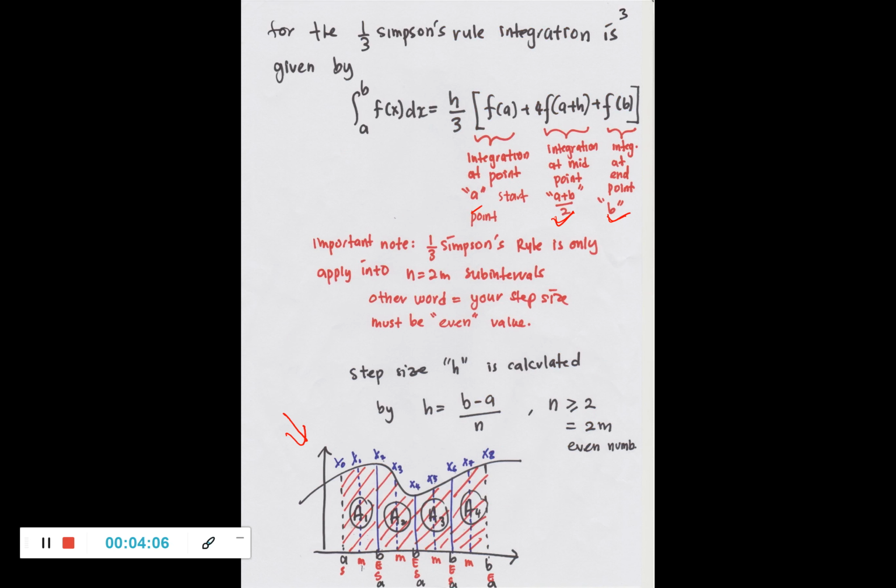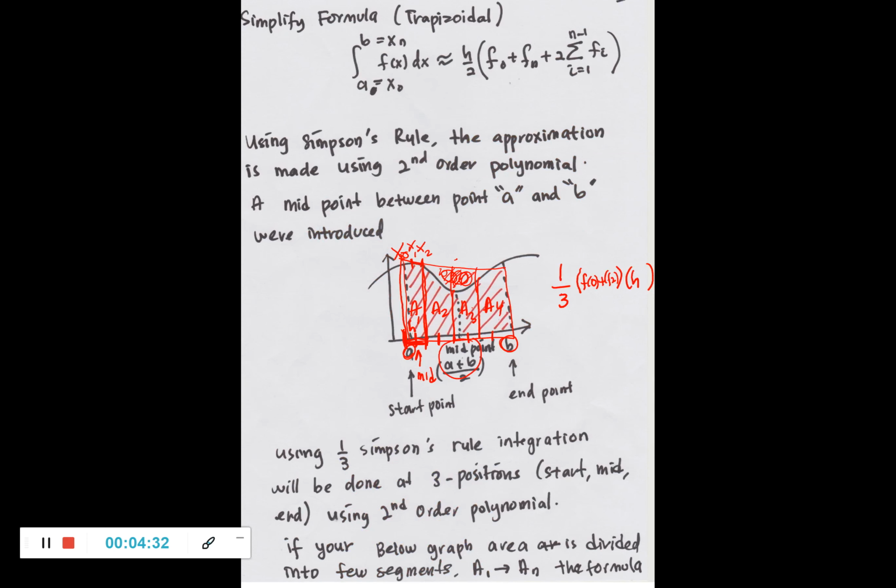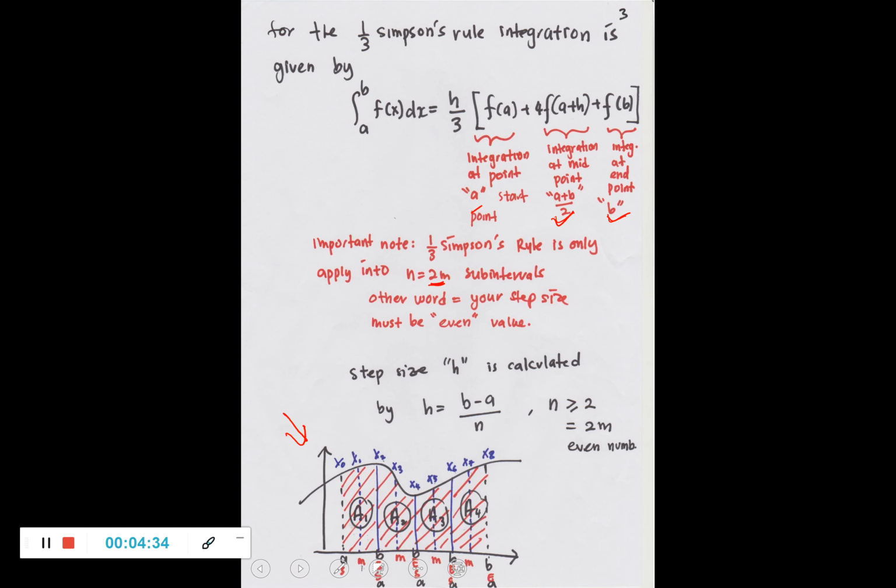Okay, so sebelum kita menggunakan 1/3 Simpson rule, one thing that we need to remember is that this rule can only be applied bila the number of subsegment must be equal to 2m. Okay, ataupun dalam kata lain, jika you ada 4 segmen seperti dalam rajah saya ni, 1, 2, 3, 4, jumlah subsegmen you mesti ada 2 kali ganda daripada segmen yang you dah create.